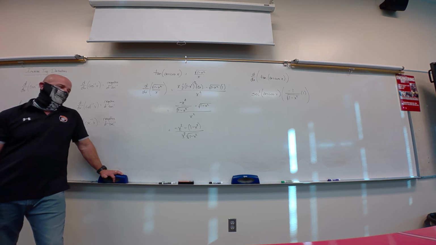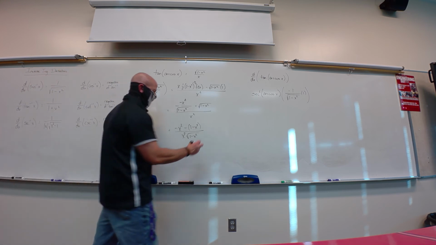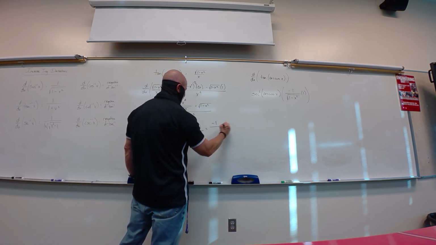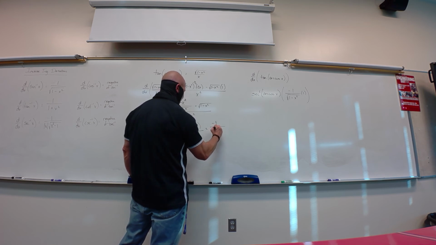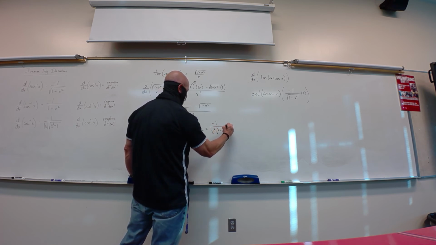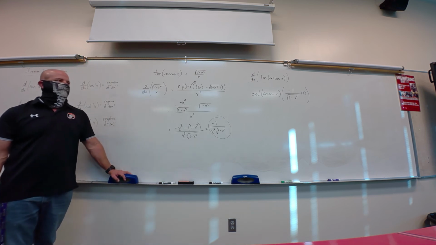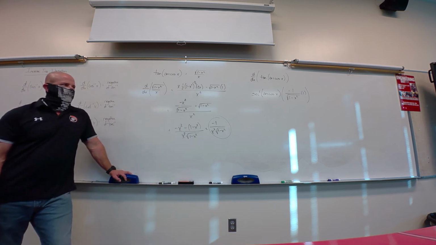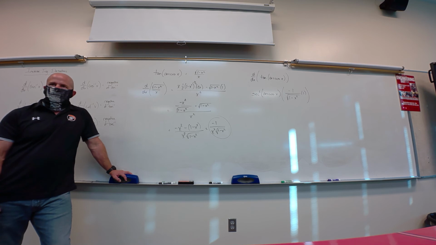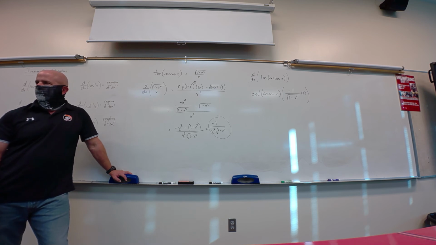X squares cancel. So negative 1 over x squared square root 1 minus x squared. Are they okay there?